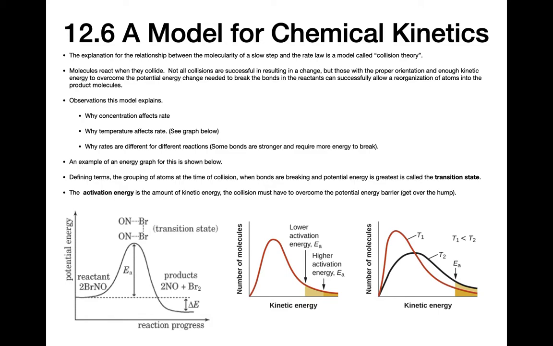And finally, it also explains why rates are different for different reactions. What you can usually tie it back to is that some bonds are stronger than others, and when bonds are stronger, it takes more energy to break them, so you're less likely to have a successful collision.